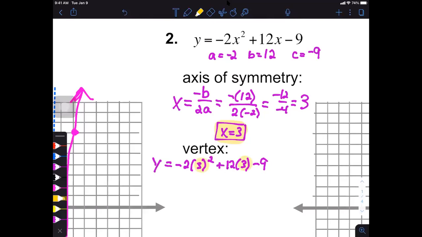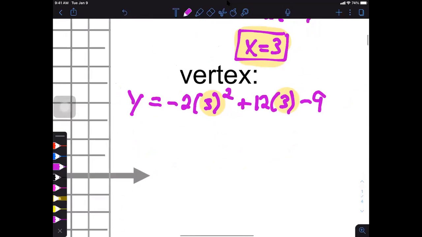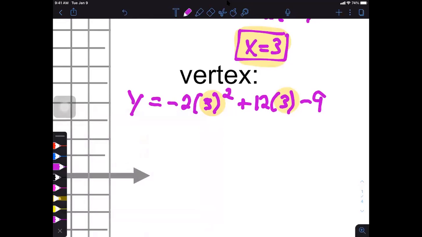Anya, order of operations. What do we do first? So first thing we're going to do is square. So 3 squared is going to give you 9.